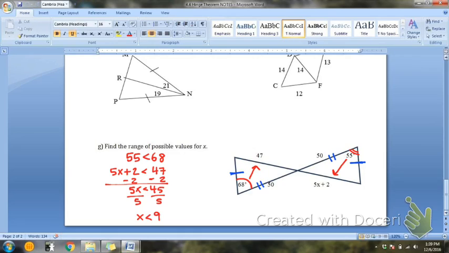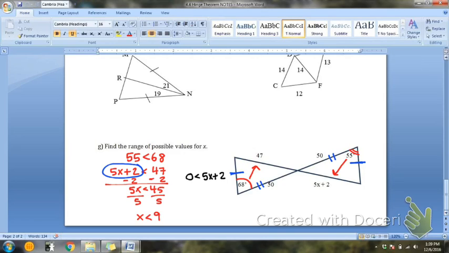I'm getting x to be less than 9. Is that what you're getting? Okay. Is that all that we need to do in this problem? Thank you, Quentin. We need to make sure that this is also greater than 0. So the final step is to take the 5x plus 2 and make sure that it's greater than 0.